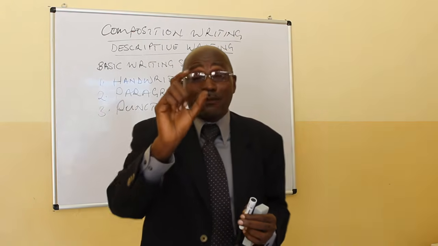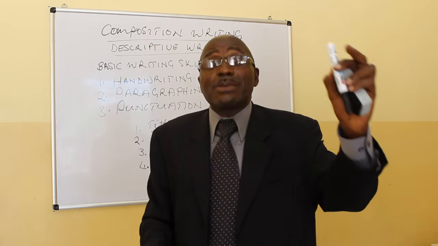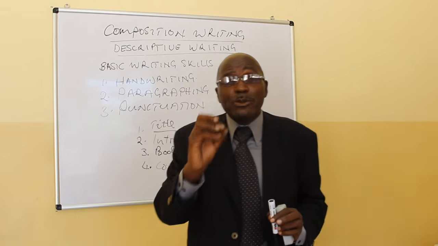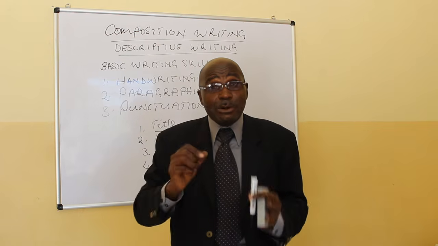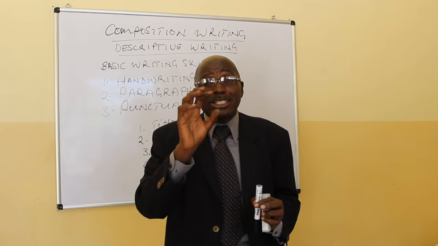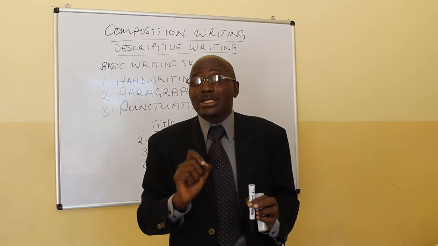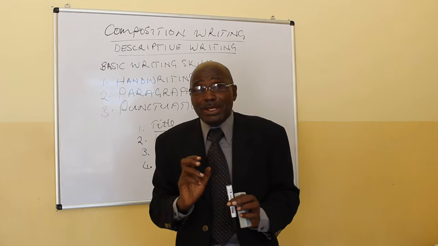It means you would now have seen that that is the particular person that I'm looking for. So under descriptive writing, we must ensure that whatever we write about must suit what we are talking about. So that is about descriptive writing.